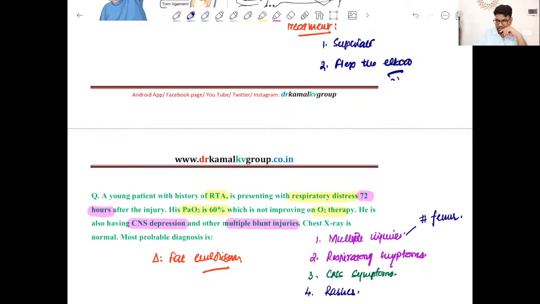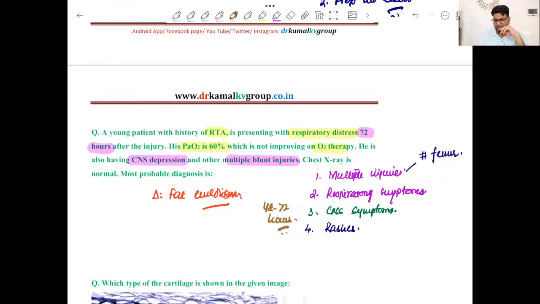And all this in the setting of a road traffic accident, and usually the time period is taken as 48 to 72 hours, right? So the moment you have this kind of picture, straight away you can go on to fat embolism. There can be changes in the eye as well, but these are the classical points which are mentioned in the case history most of the time. So: multiple injuries including fracture shaft of femur, then respiratory, CNS, rashes, and typically 48 to 72 hours after the injury, right?